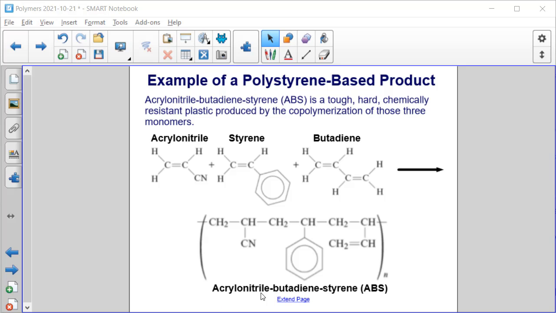We get ABS, a much harder, more chemically resistant plastic, much different from pure polystyrene that we reviewed earlier. So if we make these copolymers that include other things, we can make an even stronger plastic product.